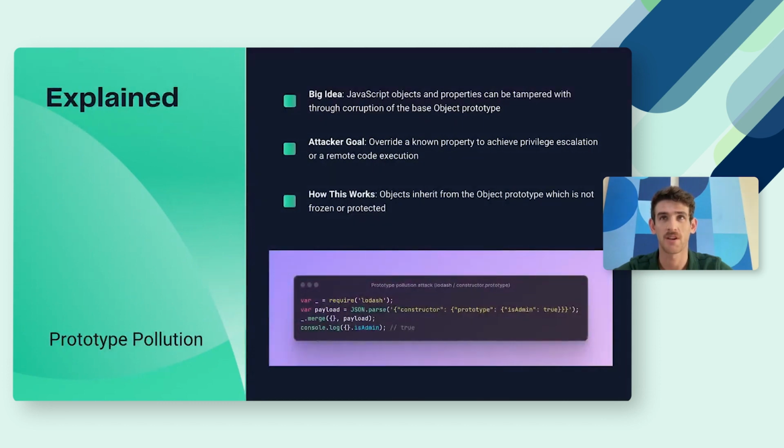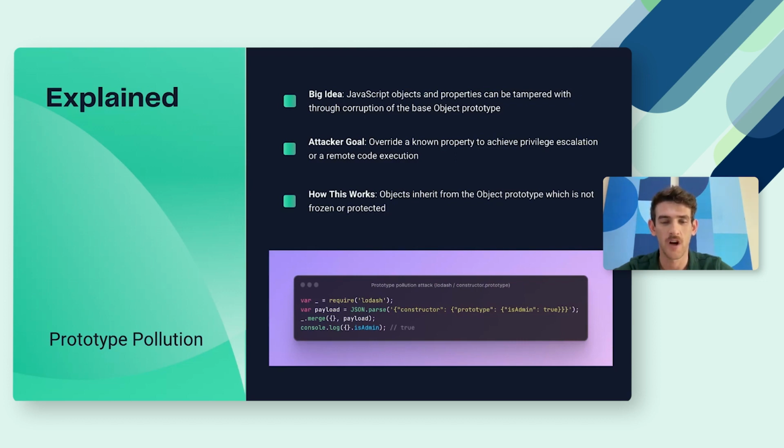JavaScript objects and properties can be tampered with. And this is in part because of the way objects are created and defined using the prototype constructor. So an attacker might try to find a way to inject code into the base object constructor and add properties or pollute methods that you thought would be correct. So in this little code snippet here, we're using the library Lodash, and an attacker constructed a payload that has the property isAdmin set to true.